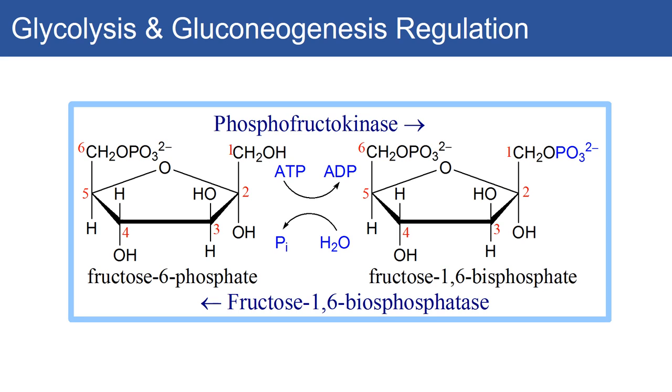Again, that ensures that when ATP is high, your glucose is not degraded to make ATP, and when ATP is low, the cell does not expend energy in synthesizing glucose, which is the gluconeogenesis pathway. So that's how everything's self-regulated in this environment.